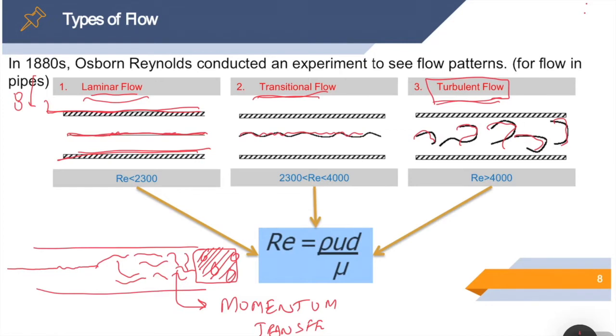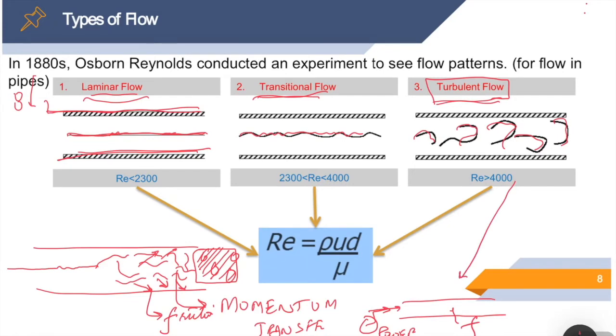More of the water particles are going to strike and move to the walls, creating more friction. And when there is more friction, when I pump water with a pump, I need more power to overcome these frictional effects. So the friction factor reaches a maximum value when the flow is fully turbulent.